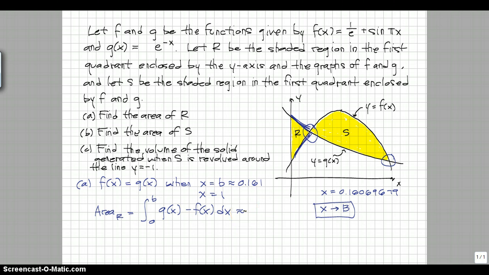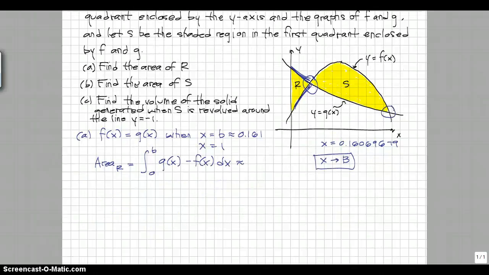This is approximately equal to, and here's where I'm going to go back to my calculator, go to the math menu, option number 9 for the definite integral. This is assuming that we're using a TI-84, and of course there are a lot of other options out there. And I'm going to put down here on the screen, since I can't bring up a calculator for us to look at, what my screen looks like.